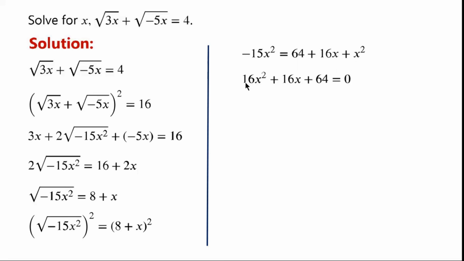By rearranging the equation, we can now write 16x² + 16x + 64 equals 0.